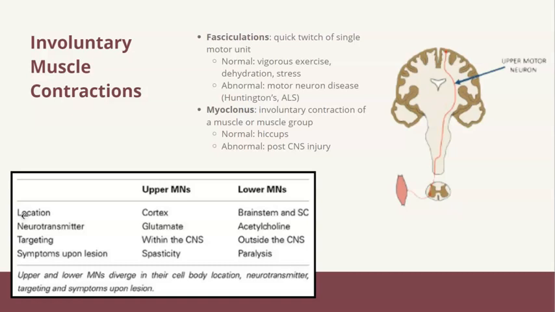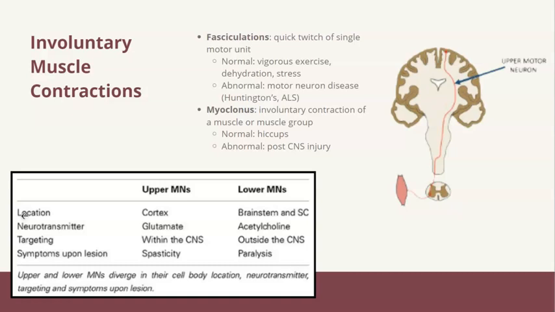It's normal with vigorous activity, dehydration, and stress. For example, if you've ever worked out really hard, let's just say you maxed out on your leg press for the day and your quads kind of fasciculate afterwards, it can just be a sign of fatigue. It's abnormal when it's associated with a motor neuron disease such as ALS or Huntington's.